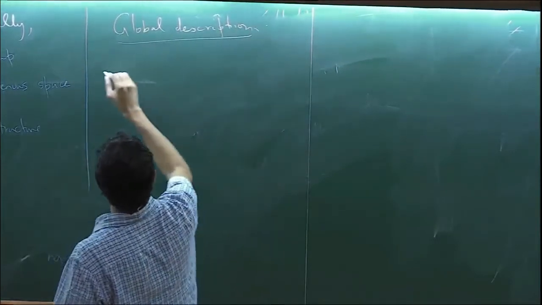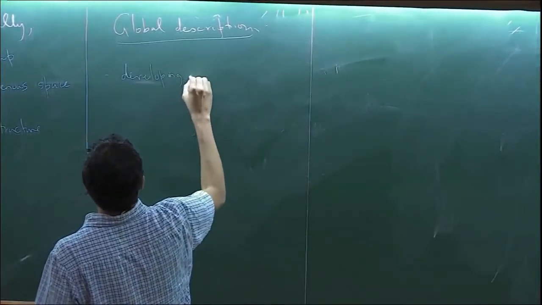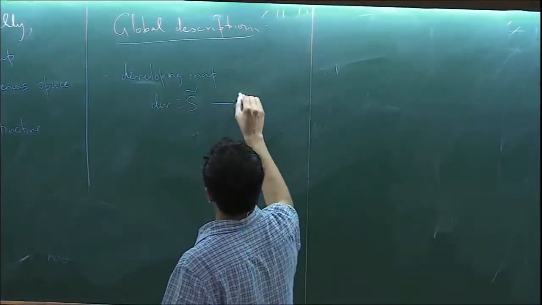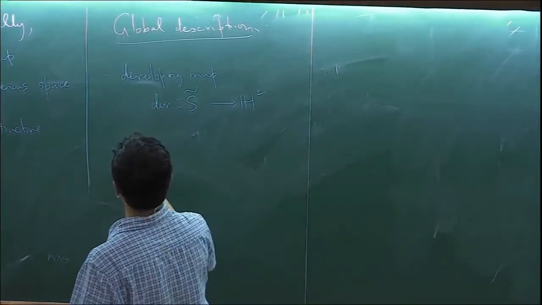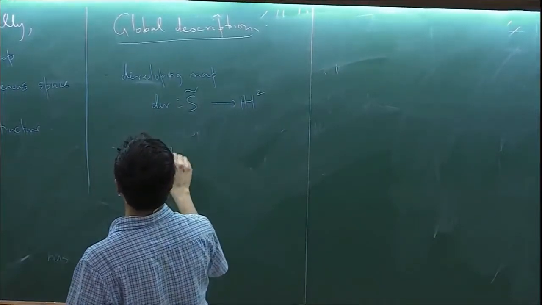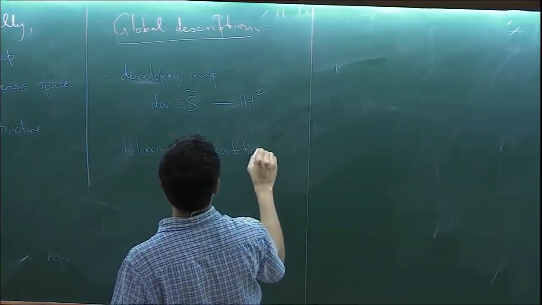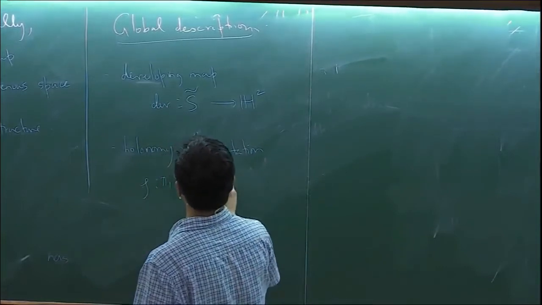This is in terms of what is called the developing map, which is a map from the universal cover to H2, our model space, and a holonomy representation. This is what is going to define the representation for us.